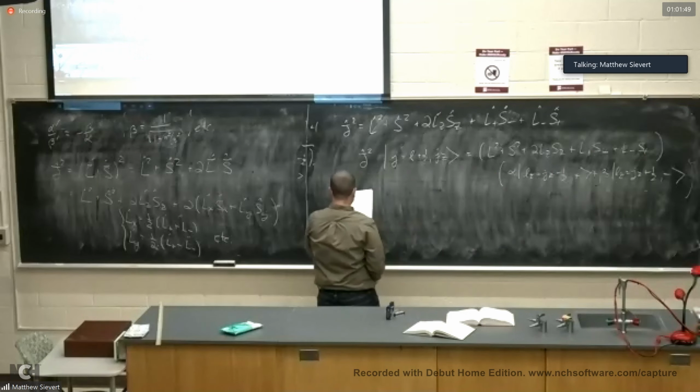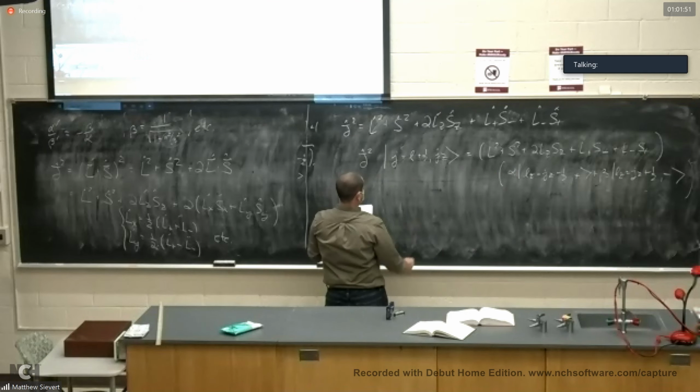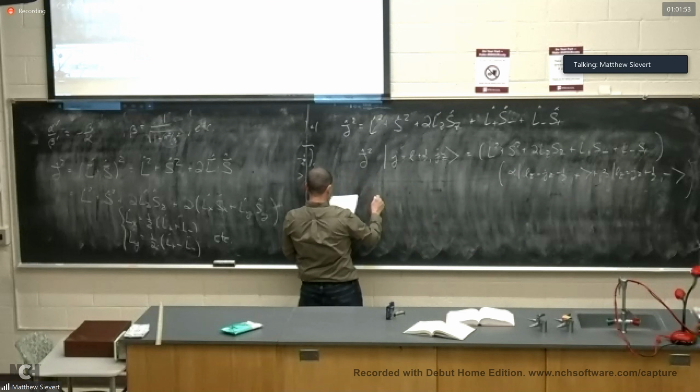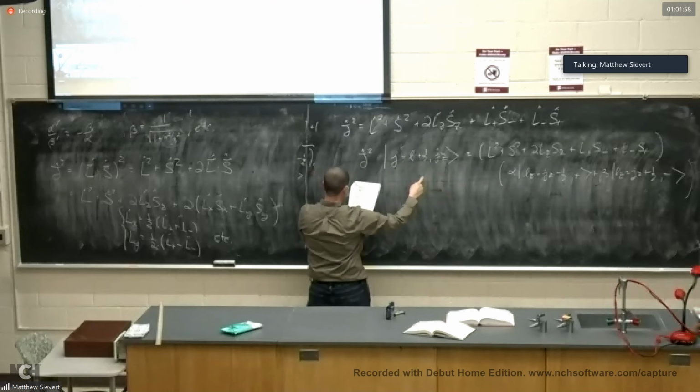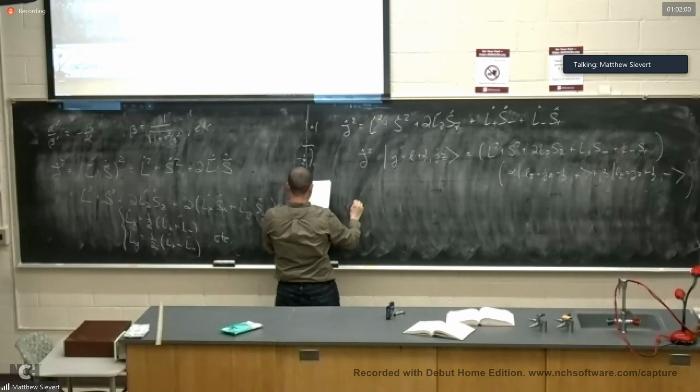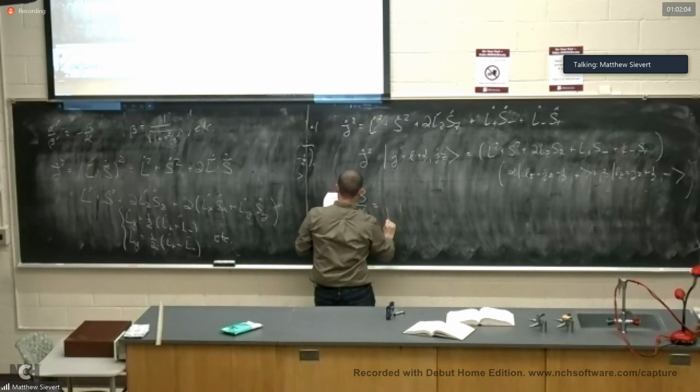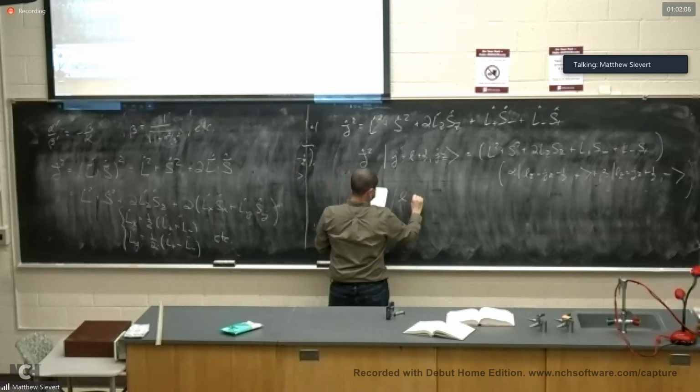So by imposing these conditions, I get something on the left-hand side in terms of the state here, and then something on the right-hand side. The algebra is in the notes online. Suffice to say that when you work out all of the algebra, this is the answer you get.